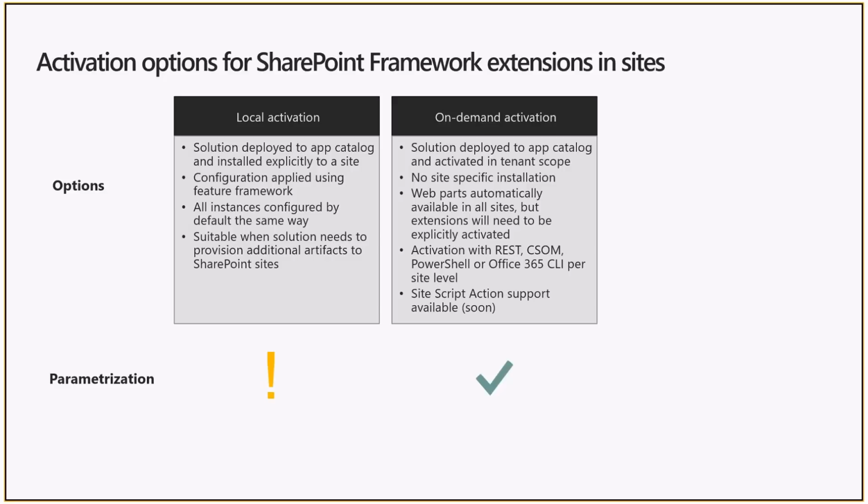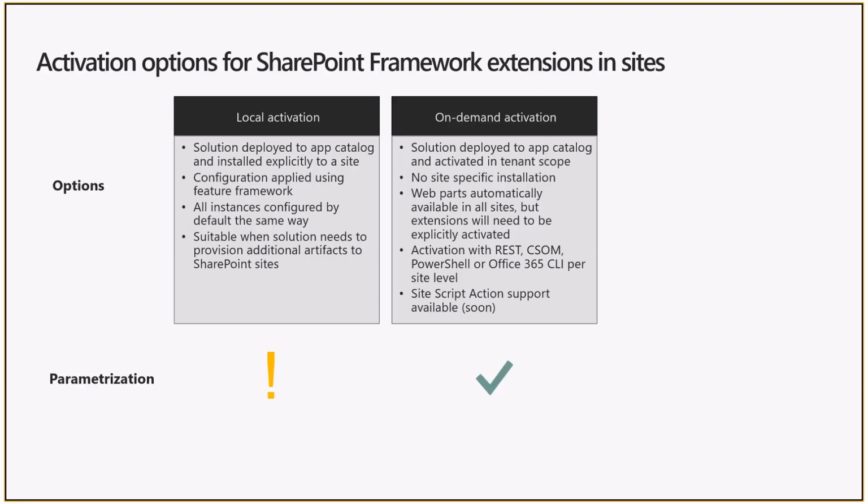So all of the web parts, like in the previous slide, are automatically available in all of the sites which are part of that package, or they are available in the web part picker. But extensions will need to be explicitly activated so they get rendered in the right location, because again there's no extension picker at the site level.